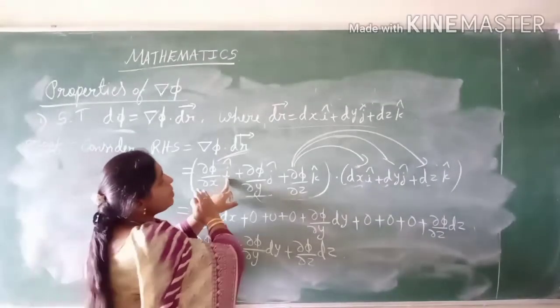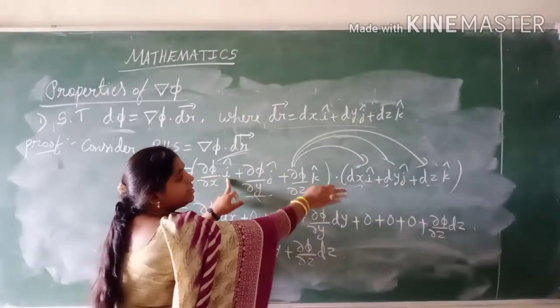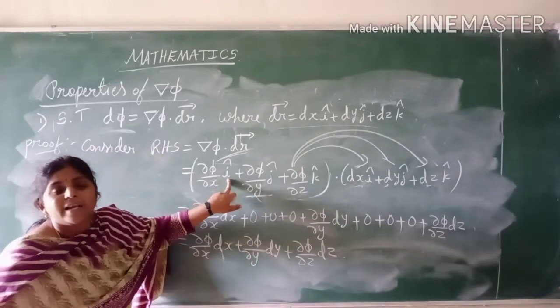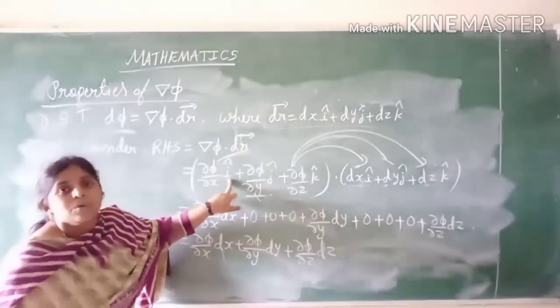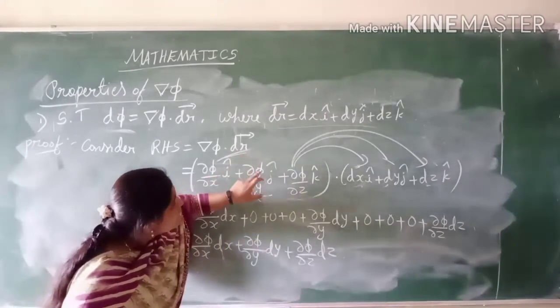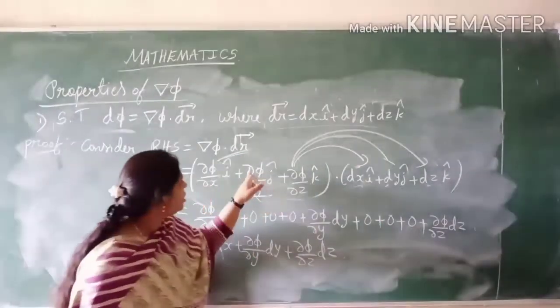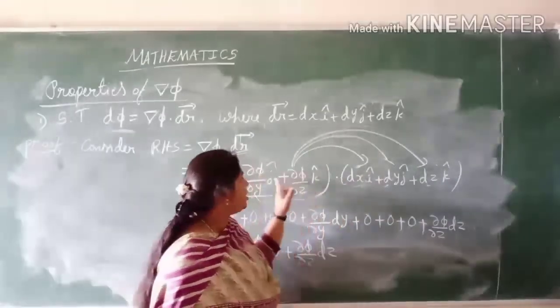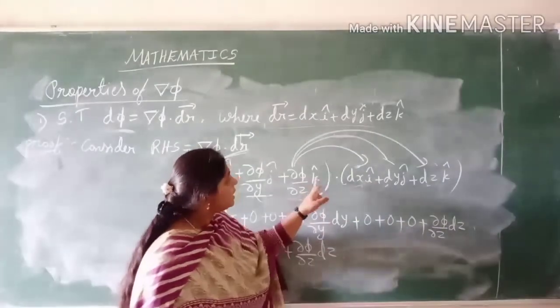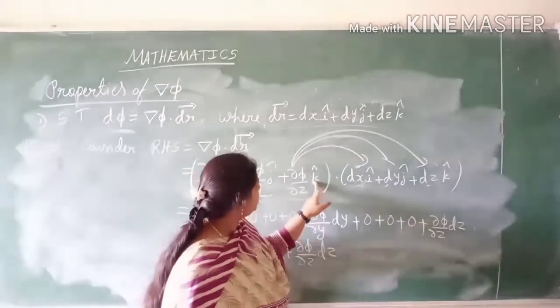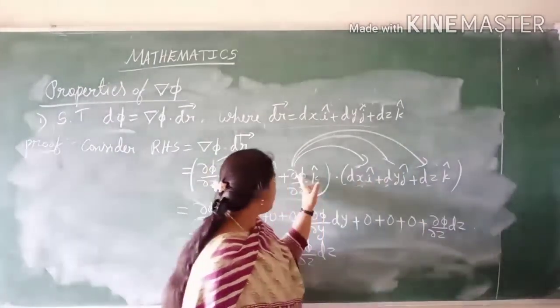If you multiply this term with any other term, the value will be 0, because i dot j is 0 and i dot k is 0. Similarly, j multiplies with j only, the remaining terms are 0. That is dou phi by dou y into dy, j dot j is 1. Similarly, k multiplies with the k coefficient, k dot k is 1, and dou phi by dou z into dz.